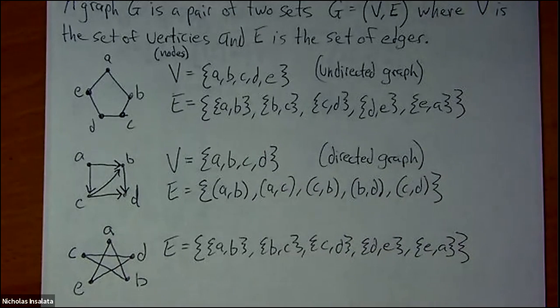So what does this tell you about graphs? What have you learned here? There's more than one way to draw it, right? And I think that should be pretty clear if I was to do something like this.